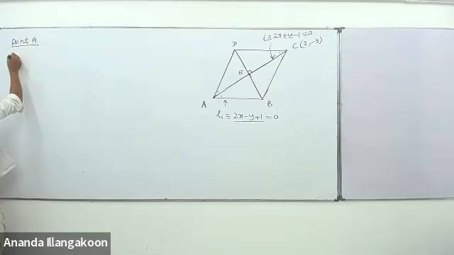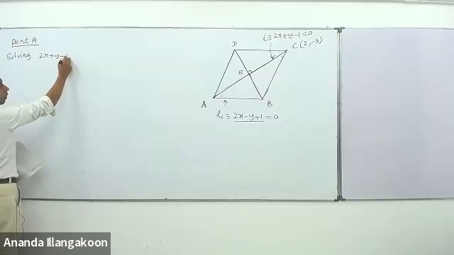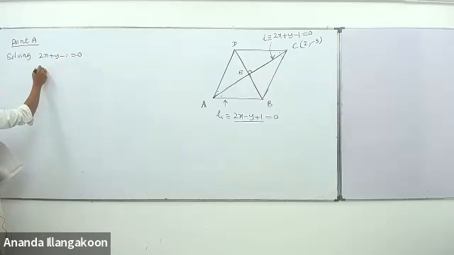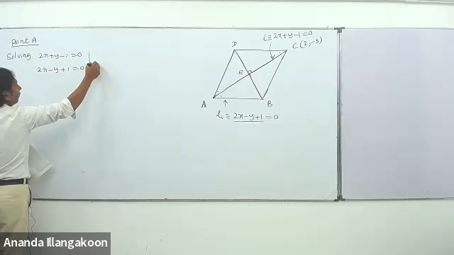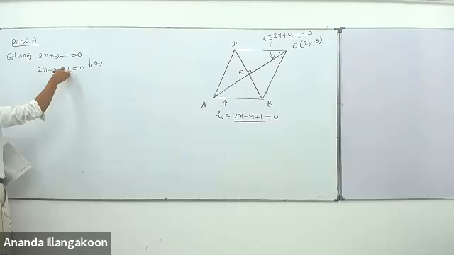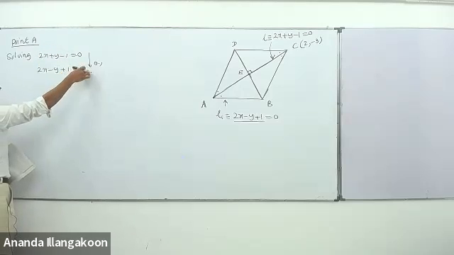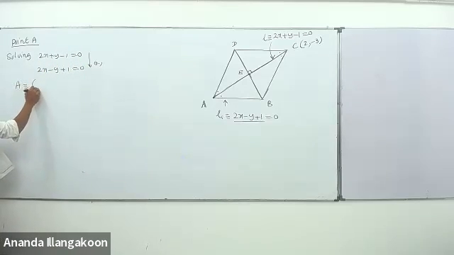Point A, solving what? 2x plus y minus 1 equals 0 and 2x minus y plus 1 equals 0. When you add, y and minus 1 cancel off, 4x equals 0, so x is 0. When you put x equals 0 here, y equals 1. Then what is point A? (0, 1), no?